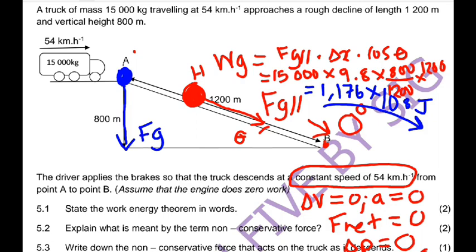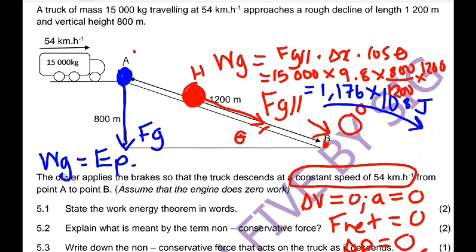So if I take this approach where I consider the vertical height only, I can say work done by gravity is the same as the change in potential energy. Since we are going in the same direction as motion, there is actually going to be a positive change in potential energy.